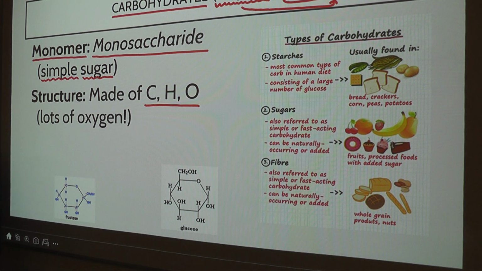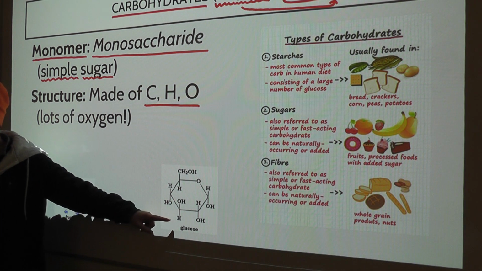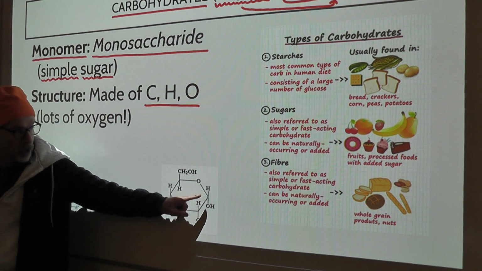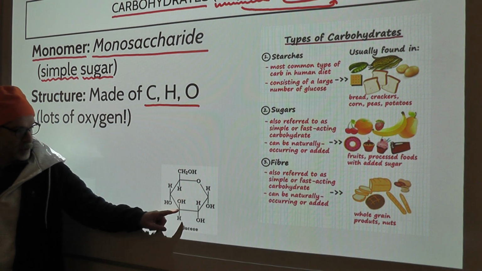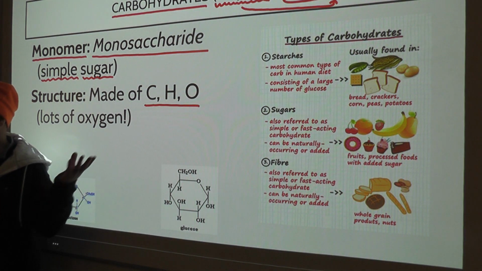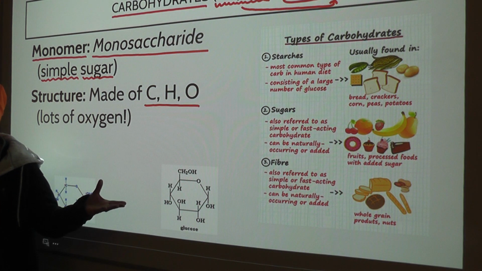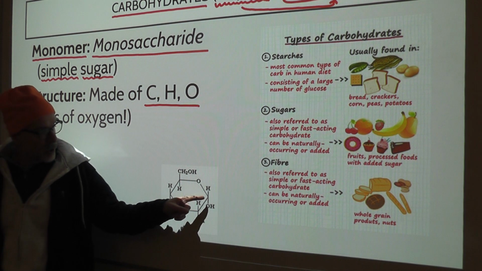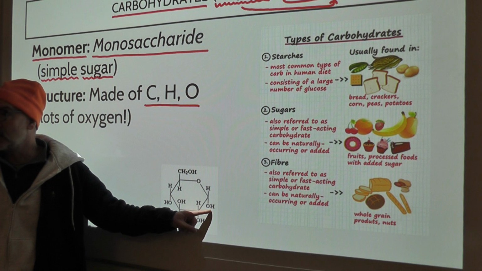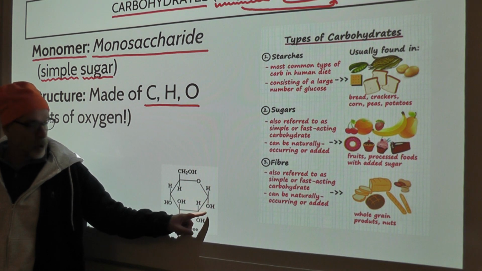And if you look at this chemical structure right here for glucose, you can see, remember the intersections are carbons? So there's carbon, carbon, carbon, carbon, carbon, carbon. There's 6 carbons in each piece of glucose. And then look at what's attached to the carbons. Hydrogen and a hydroxide, H2O.